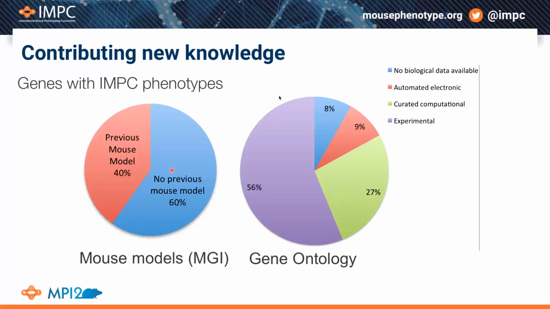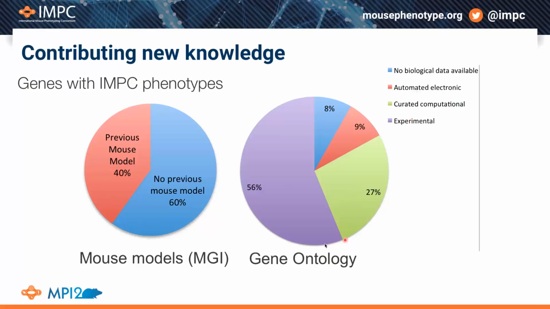And almost half the time, we're adding new experimental evidence for gene function where none has existed before. So Gene Ontology has these annotation codes where they make an inference to a function that can be experimental, curated, automatic, electronic. So many times you'll see something like binds a metal ion, and that's just an automated electronic annotation that doesn't really tell you a lot.